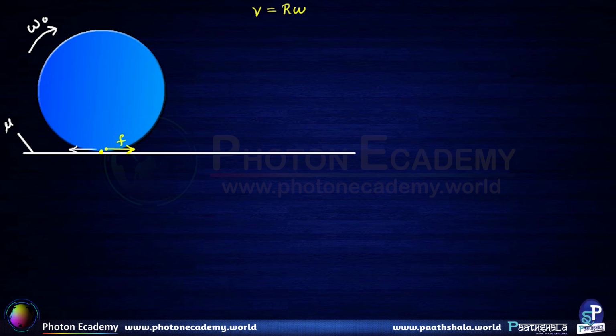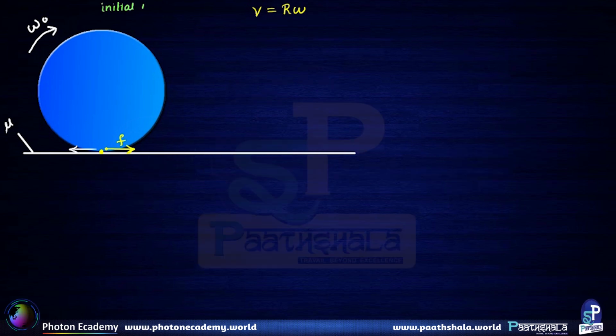We can understand and see that in this particular scenario, omega is initially greater. So in the initial case, omega is equal to omega naught and V is equal to 0.